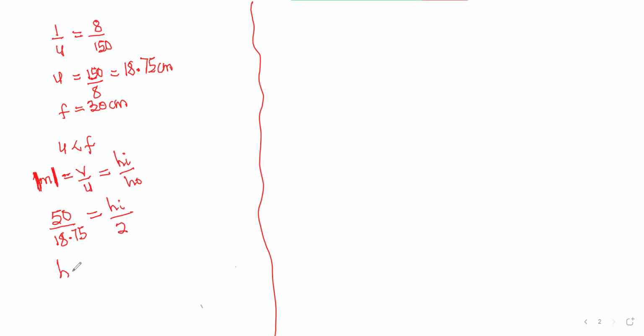Therefore, HI is 50 over 18.75 times 2. And this must give us about 5.33 centimeters. Okay. So this is what I was expecting you to actually submit.